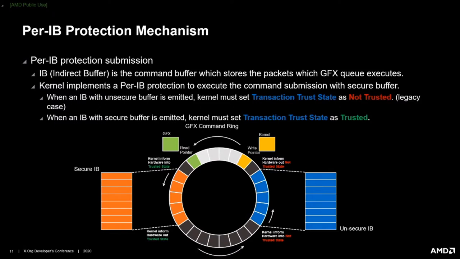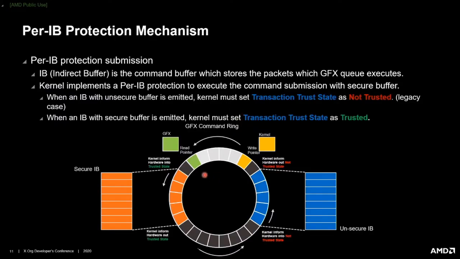If you joined XDC last year, you may know the indirect buffer in detail, and if you want to know more, you can listen to the recording of Let's Talk on YouTube. Here, the IB is a command buffer which stores the packets that the graphics queue uses. The kernel implements per-IB protection to execute the command submission.